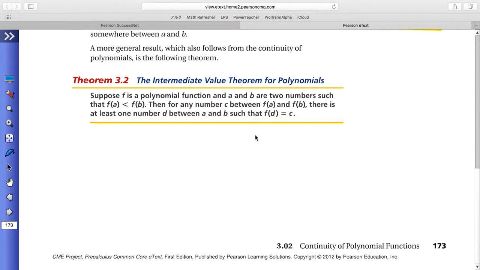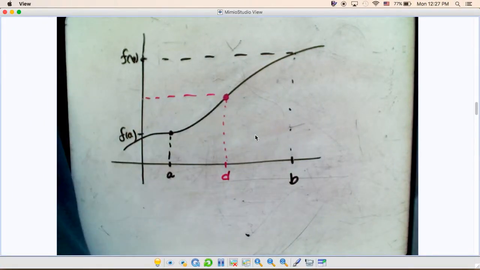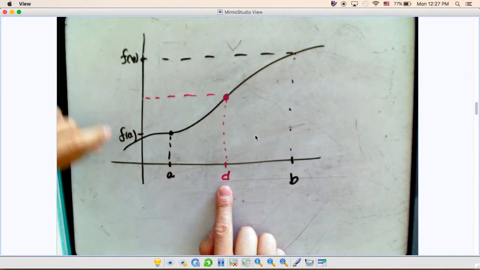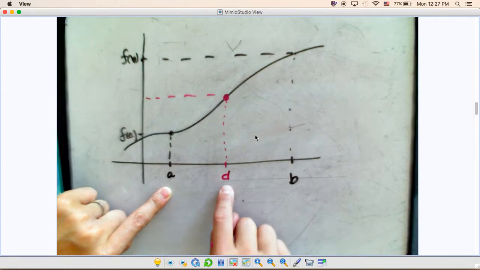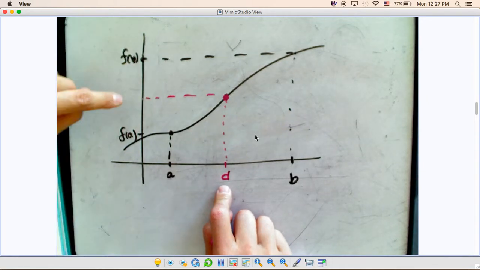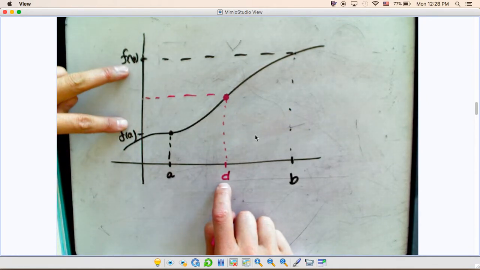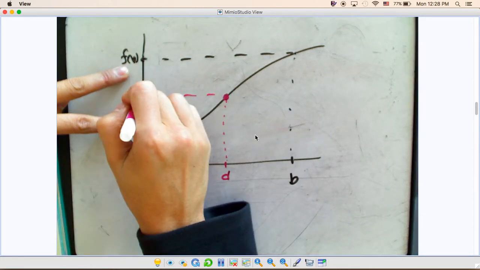Then the intermediate value theorem says, if you take any d between a and b, the y value of that point has to be, okay? So if you take any d here, if you take any point between a and b on the x-axis, then the y value of that has to be somewhere between f of a and f of b.